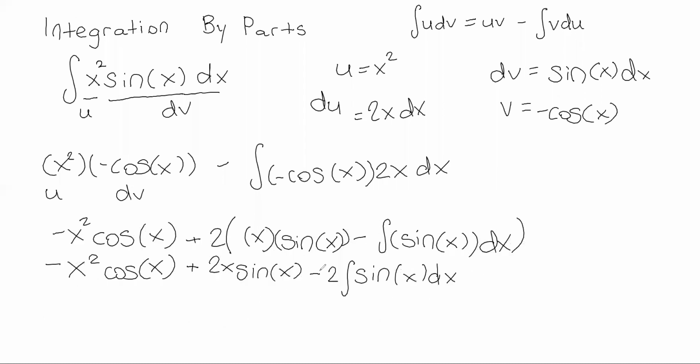So let's integrate this. We have a negative out front. So what we're basically trying to integrate is, if we ignore this 2, we have negative sine of x, which means the antiderivative of that has to be positive cosine. Positive 2 cosine, putting the 2 back in there.